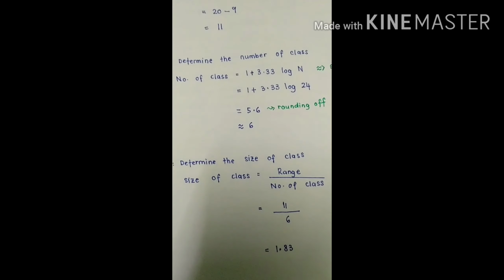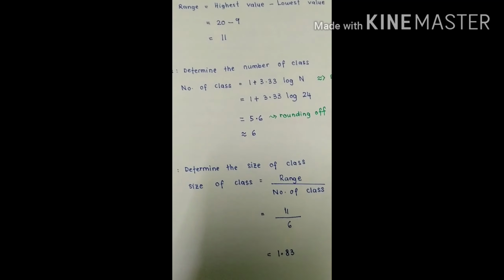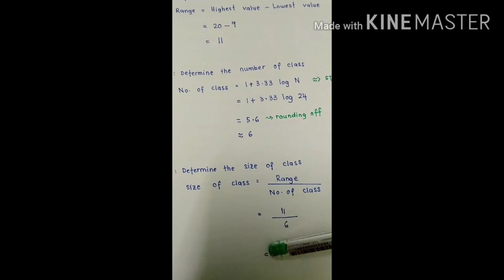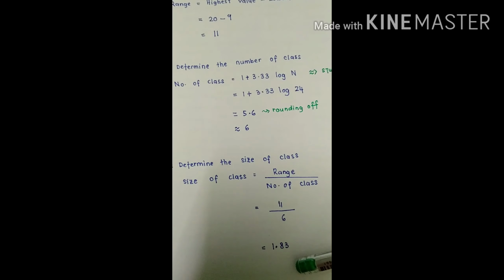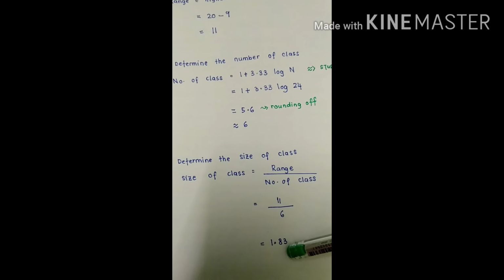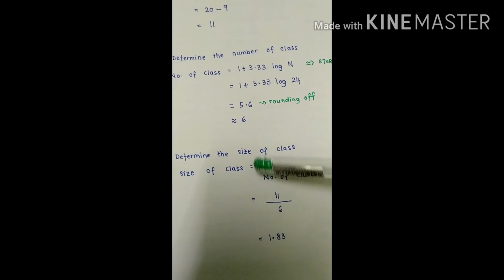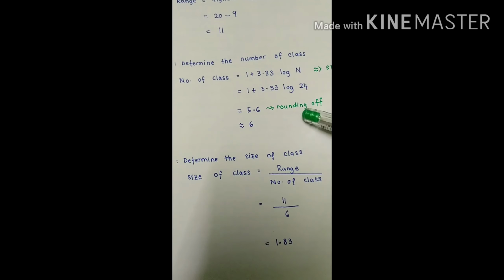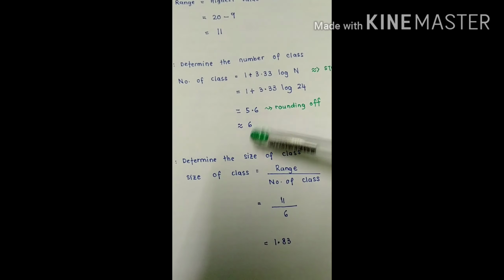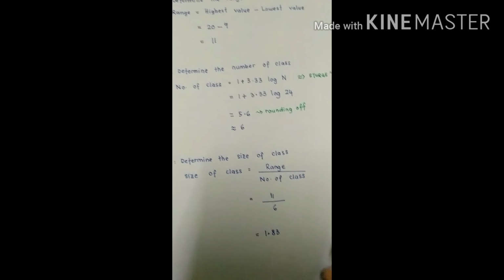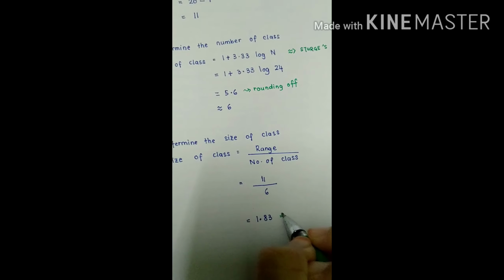The size of class, like the number of classes, cannot be in decimal points. It must be a whole number. For the number of classes, we must round off that value. But for the size of class, we must take the maximum number.